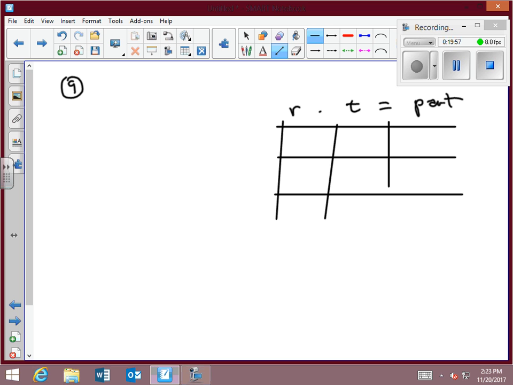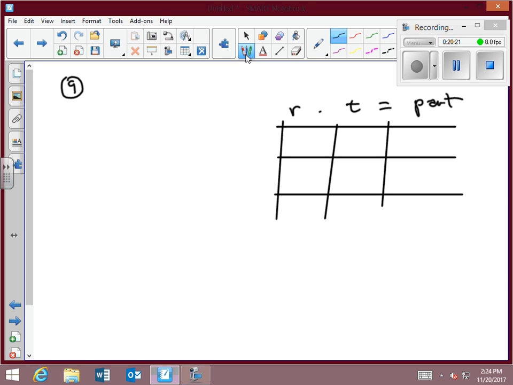So we're going to have to do this same kind of thing. This says 2 oil pipelines can fill a small tank in 30 minutes. So what is that saying? Are they working together or are they working separately? They're working together to fill it.